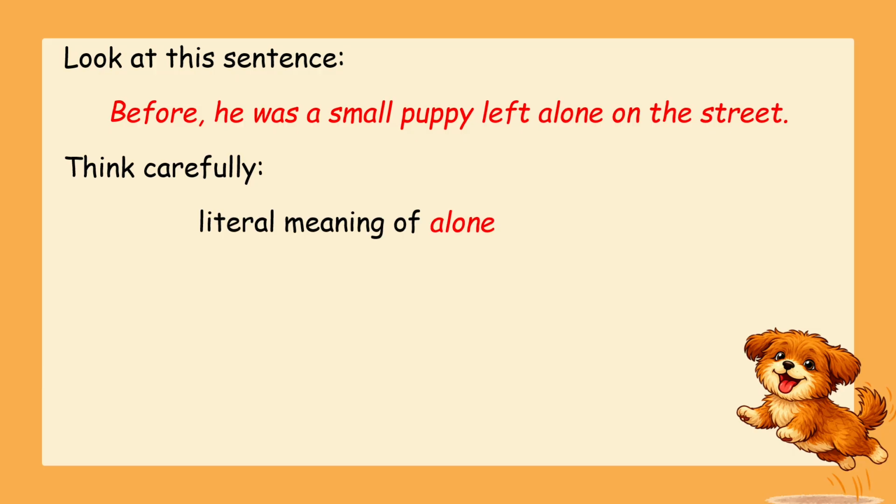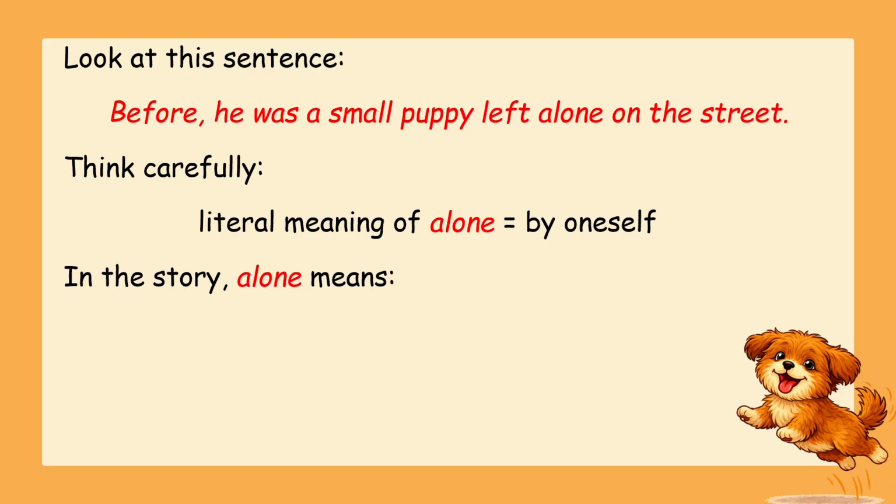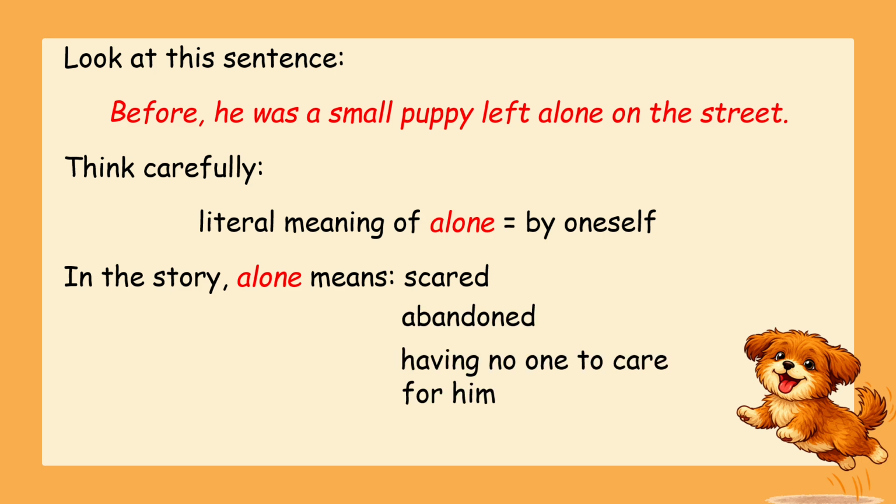The literal meaning of alone is by oneself. But in the story, does alone only mean by oneself? No, it doesn't. In the story, alone also means scared, abandoned, and having no one to care for him. So this meaning is implied. It is not said directly, but we understand it from the story.